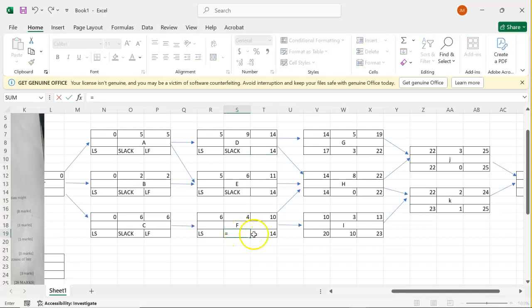To get the number in the middle, it will be that number minus that, giving us that. There we have equal to that minus that.